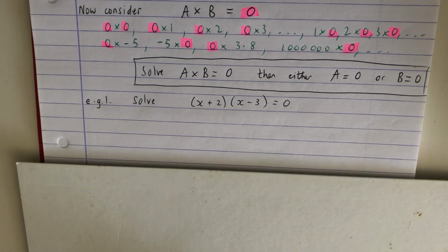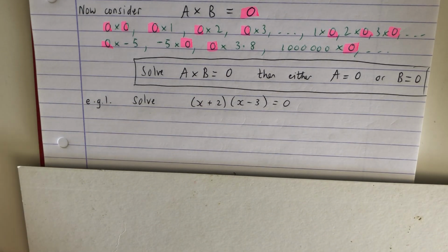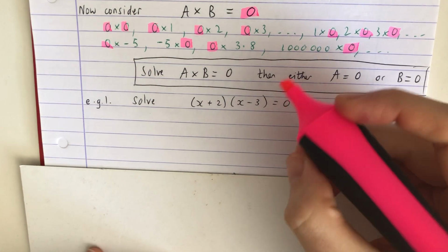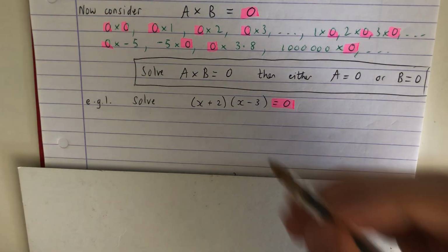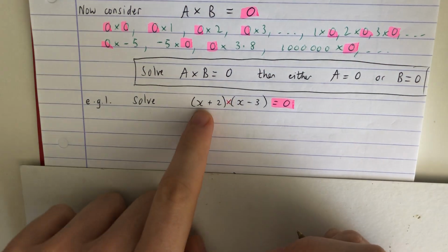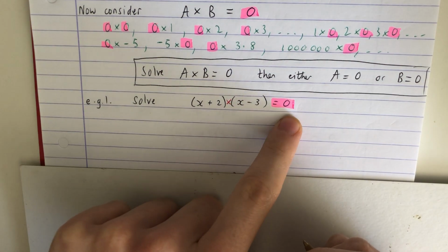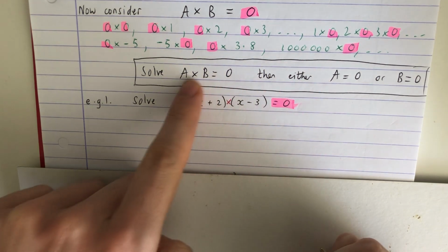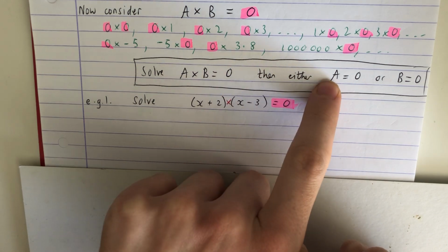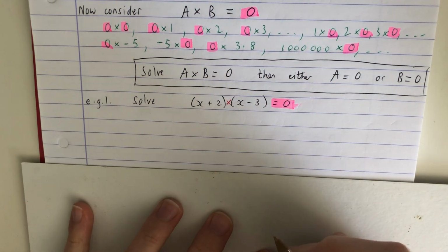Let's take this quadratic: x plus 2, x minus 3 is equal to 0. How can I use the logic from above? Well, it's equal to 0, and it is a product: something times something equal to 0. So I can use this rule. If something times something is equal to 0, either the first thing is 0 or the second thing is 0.